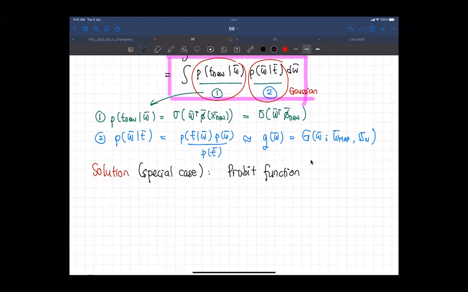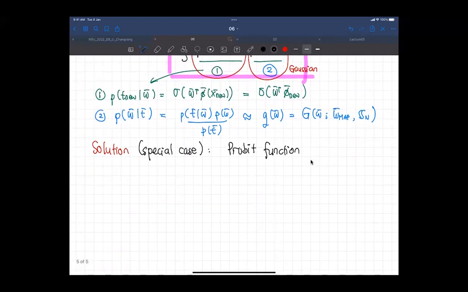So what is the probit function? The probit function is defined as phi. Please don't get confused with the basis function phi. This is a totally different function. It's normally called phi, so I just follow the notation phi here.